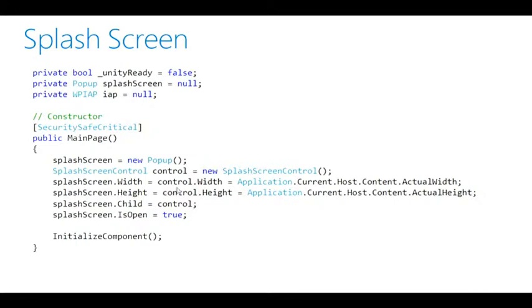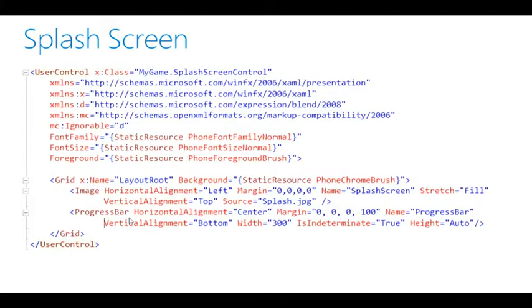And then we just set the width and height of that splash screen to match the application width and height. We set the popup's child to that control, so that's what's being displayed, and then we just set it to open.